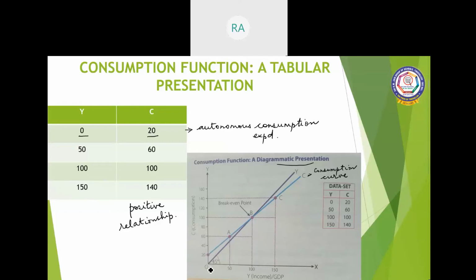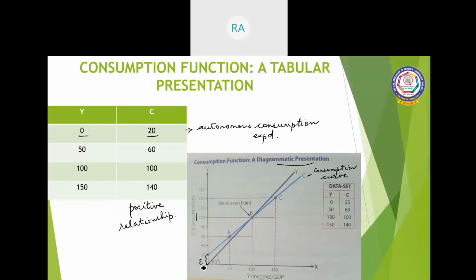Consumption is measured on the Y-axis and income is measured on the X-axis. The C line, that is the consumption curve, starts from 20 when the income is 0. The income is 0 and the consumption expenditure is 20. We call this autonomous consumption expenditure.